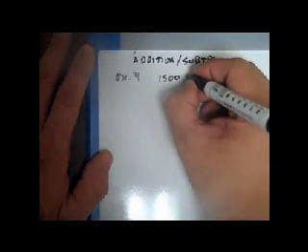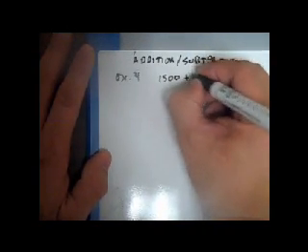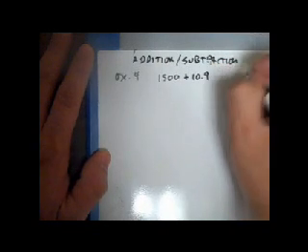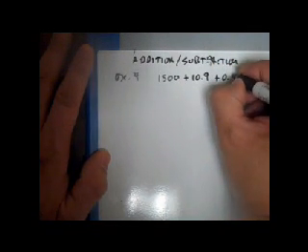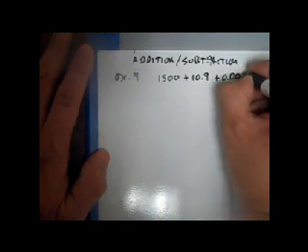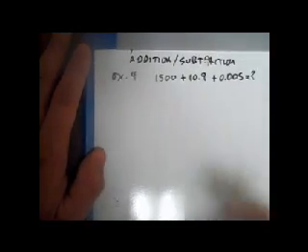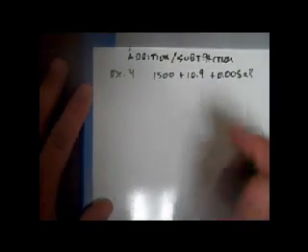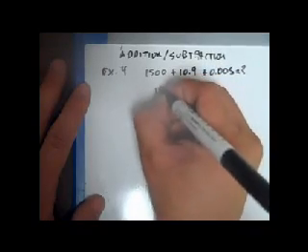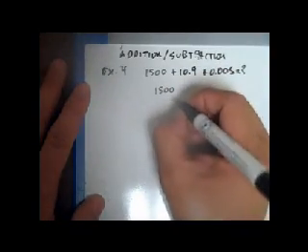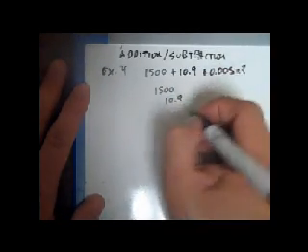Let's say you add 1500 plus 10.9 plus 0.005. What's that number? You basically have to line this up.